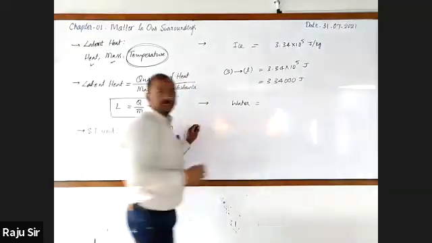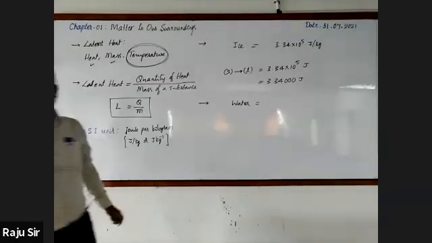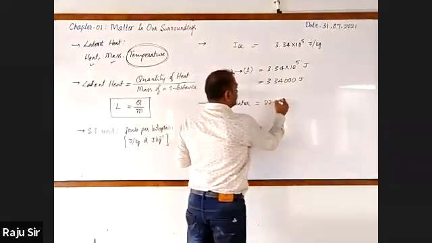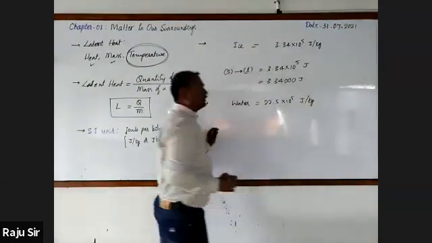The latent heat of water is 22.5 into 10 raised to the power 5 joule per kilogram.